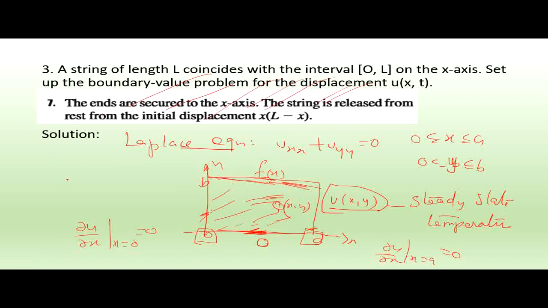So u of x comma b, where y is the upper bound b, is f of x, and u of x comma 0, where y is 0, is 0. These are the other boundary conditions of this problem, isn't it? So this is the Laplace equation. If you find u, it will be the steady state temperature at any point x y on this rectangular plate.